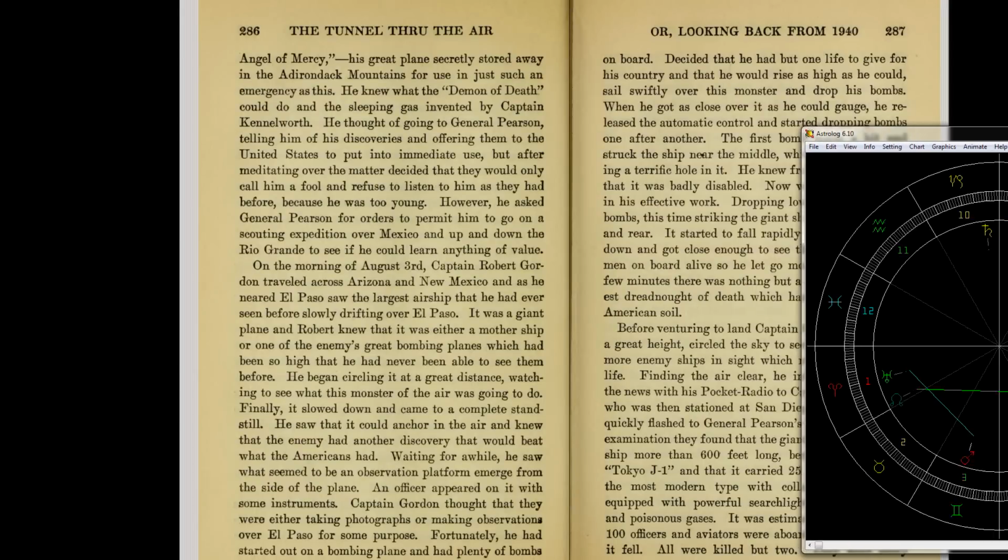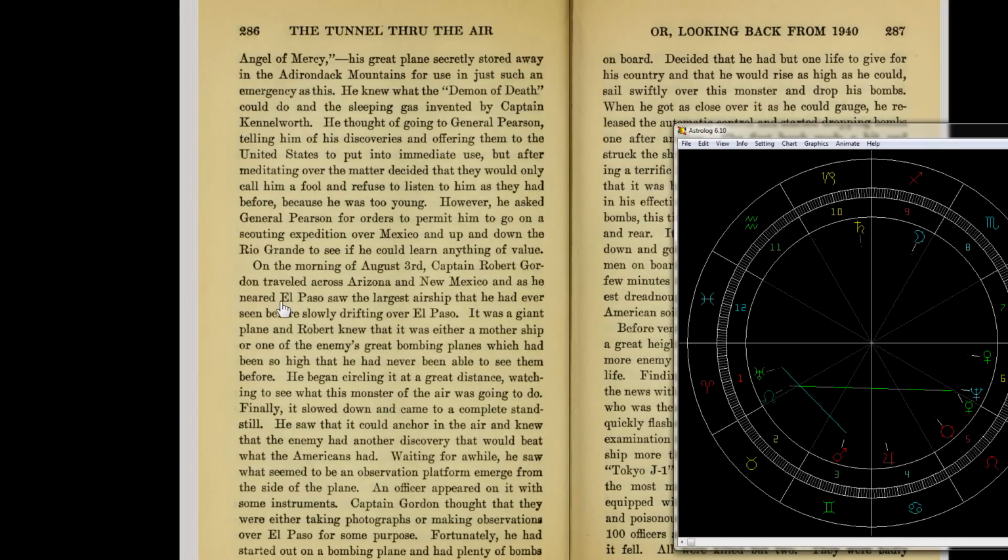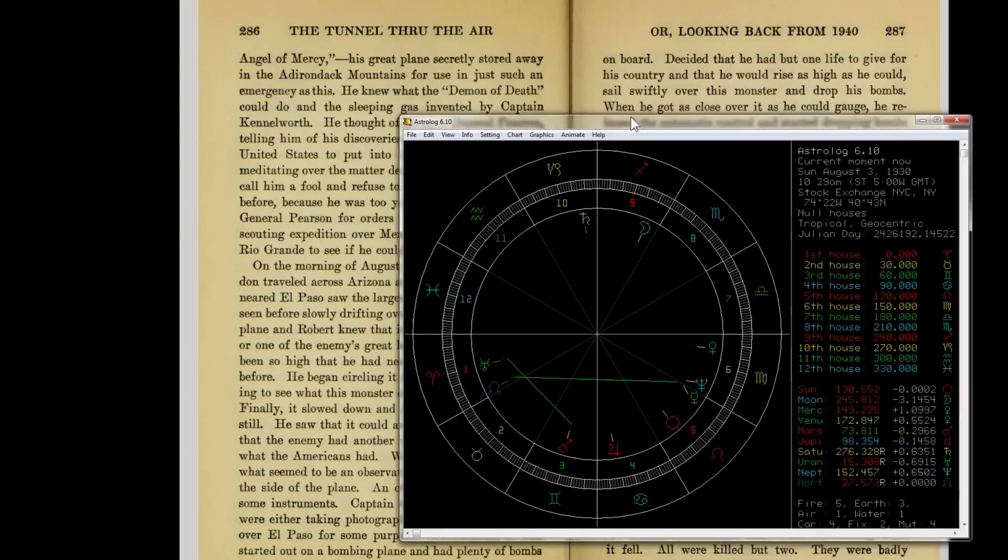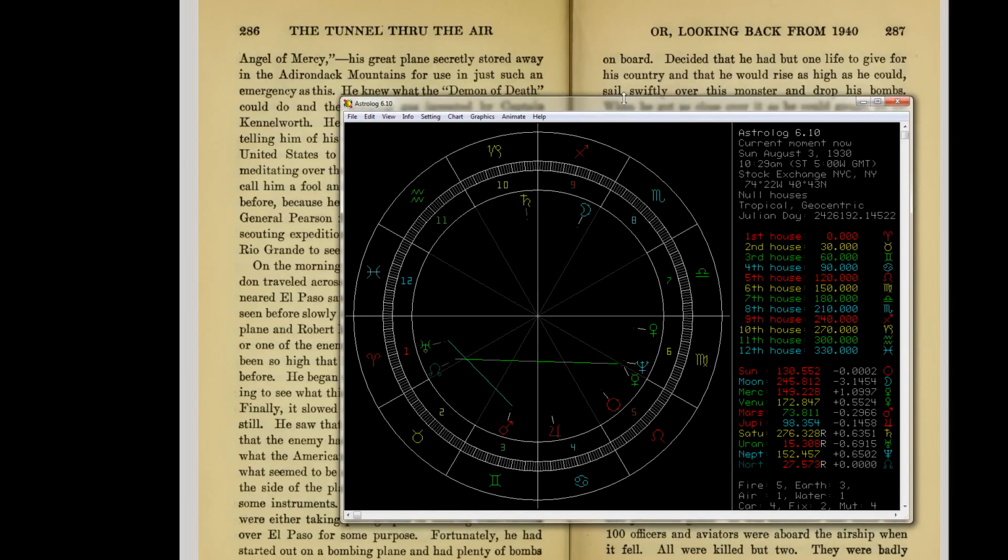Now, we also know that El Paso's full name is really El Paso del Norte, which is Spanish for the passageway to the north. So we find that in this particular year, if we go forward in time, Jupiter moves, and then it slows down, and then it stops. If you look at it right here, it stops right by its north node.